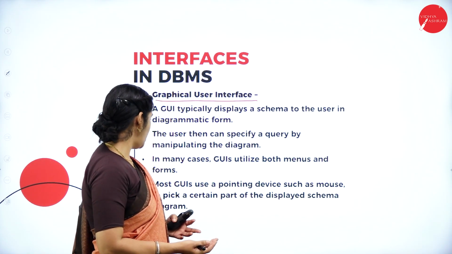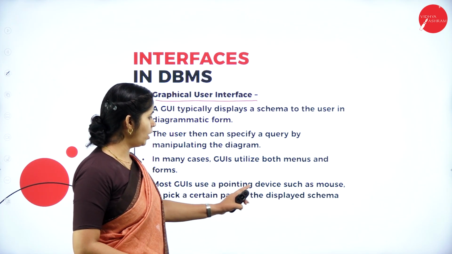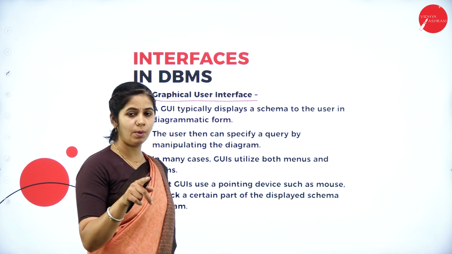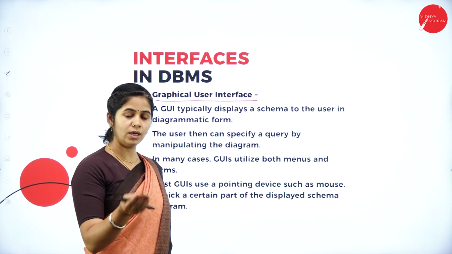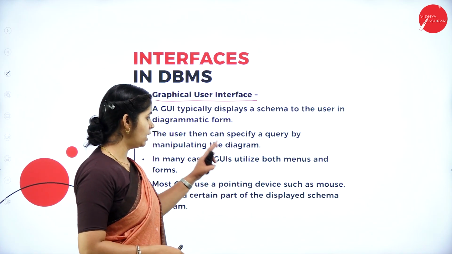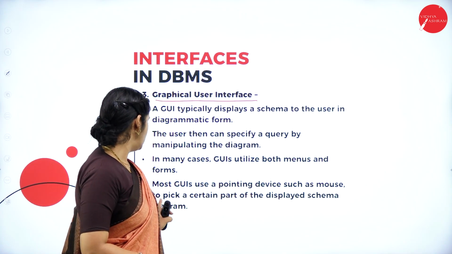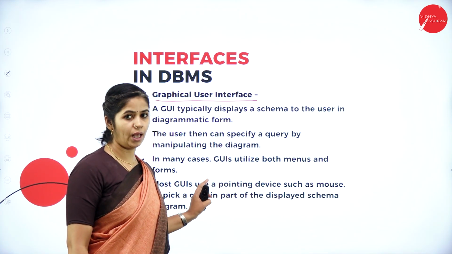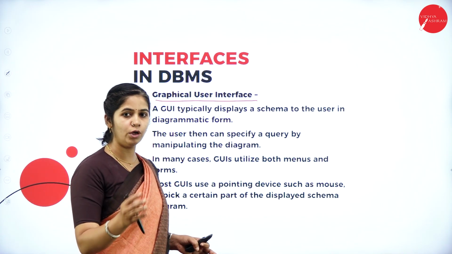The most used pointing device for a GUI is the mouse. When you click, it will display, and you can add the data into it. When you close it, data will be saved in the database. The mouse is used to pick a certain part of the displayed schema from the diagram. We drag that and drop it onto some other part of the diagram.